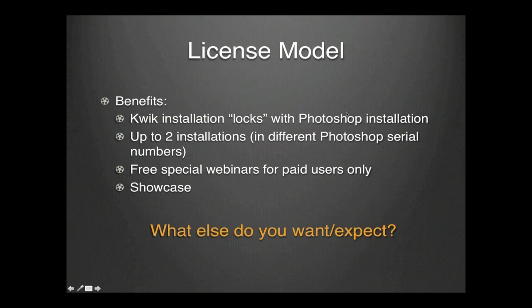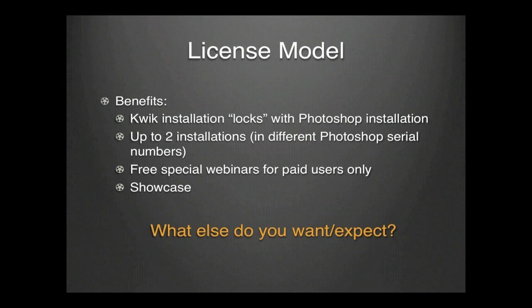I'm going to change the licensing model. What happens today is some people have bought Kwik and are using it in several places, which is fine, but for Kwik 2, Kwik is locked to the Photoshop installation, meaning that when you install Kwik 2, it's going to be tied to your Photoshop serial number.